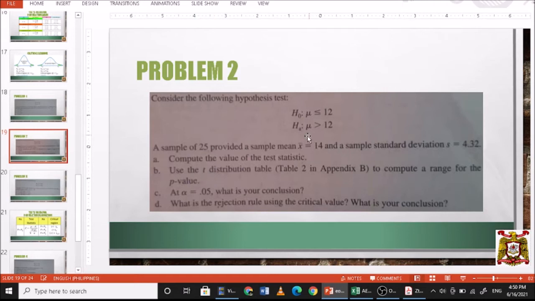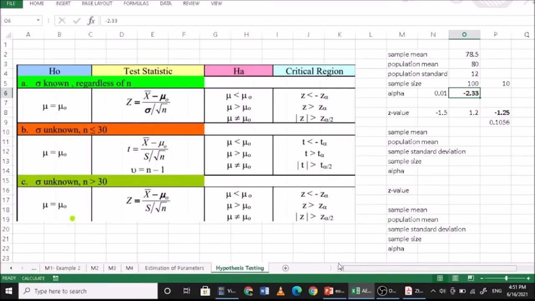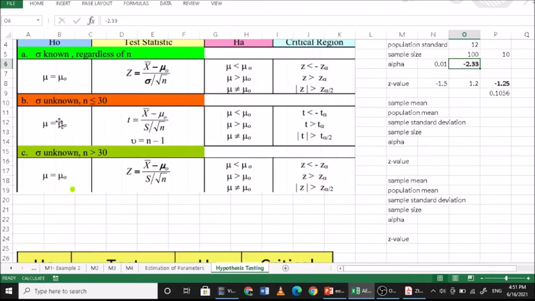So let's analyze this problem. First, the alternative hypothesis is that your population mean is greater than 12, and the population standard deviation is unknown, and the sample is less than 30. So we're going to use the second test statistic, sigma unknown, n less than or equal to 30, which is x bar minus mu over s divided by the square root of n.